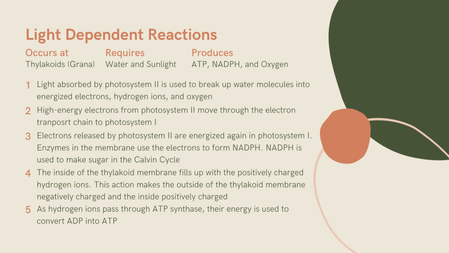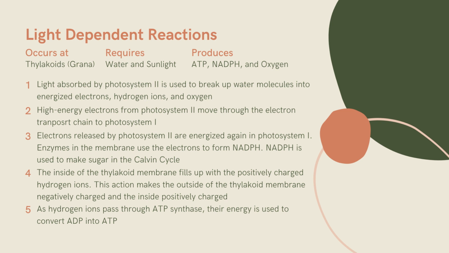So after that, electrons released by photosystem 2 are energized again in photosystem 1. Enzymes in the membrane use the electrons to form NADPH. NADPH is used to make sugar in the Calvin cycle. So the pigments in photosystem 1 use energy from light to re-energize the electrons.